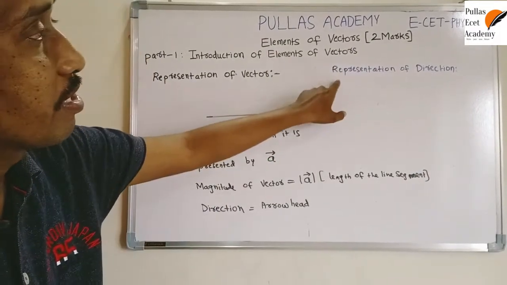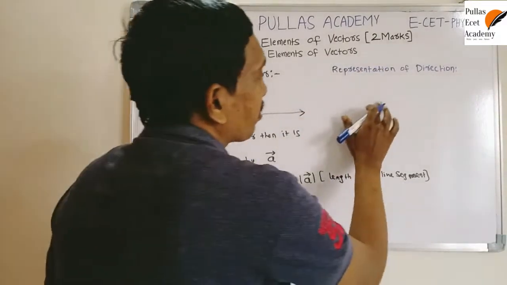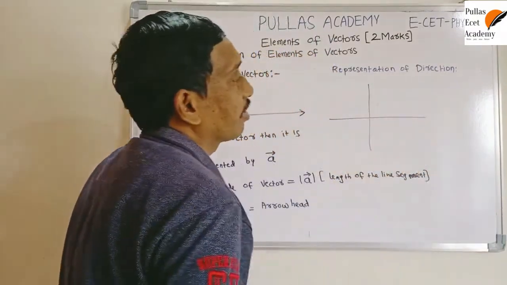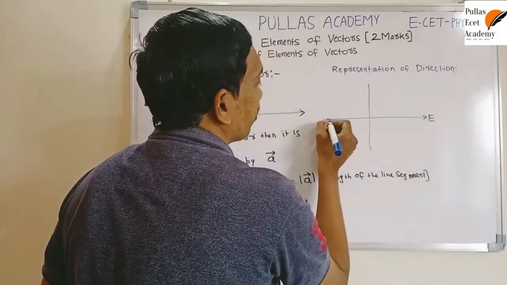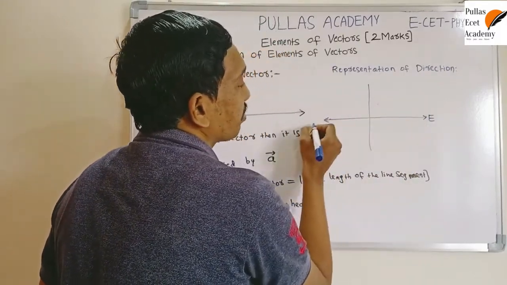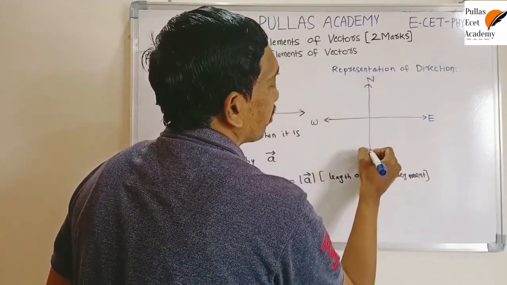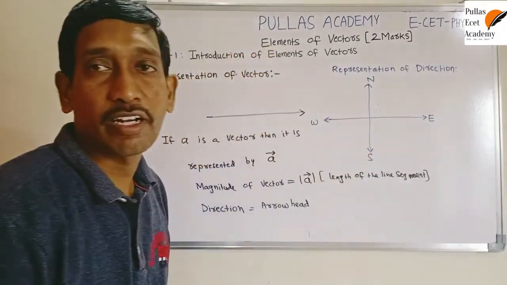Now we are going to discuss the representation of direction. Suppose in a plane, this is direction east, then its opposite direction is west. Suppose this is north, then the opposite direction is south. These are the directions.